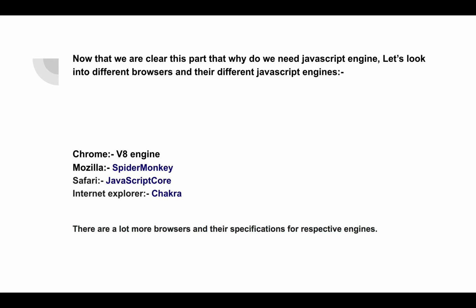Now you have a pretty fair idea of how JavaScript code gets converted into machine code, which the browser then understands. Till now, we have seen that JavaScript was a completely client-side language. It was good.